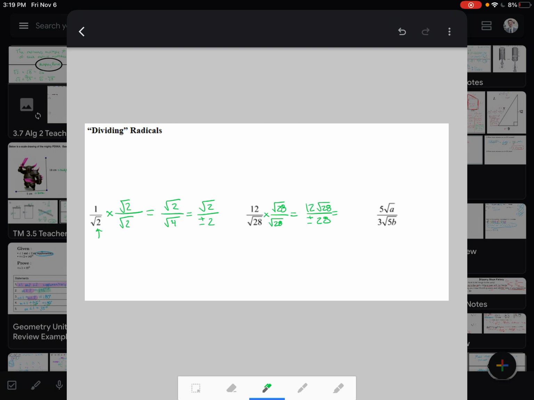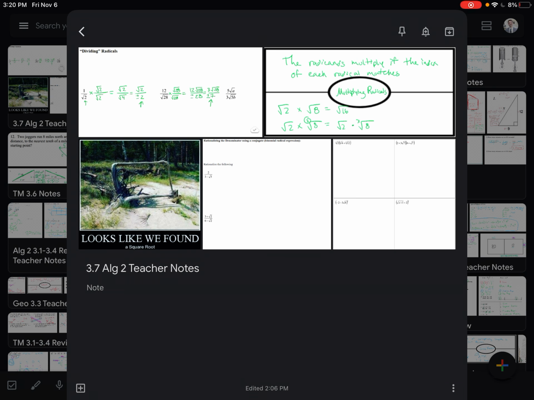We can simplify this further because 12 and 28 are both even numbers, so we can divide them both by 2. And actually, we can divide them both by 4, so we can get even more simplified than that. So we'll get 3 times the root of 28 over 7. Again, further and further simplifying, it's our goal to multiply by whatever root is on the bottom in order to get rid of the root, and we're happy when we have a whole number on the bottom.